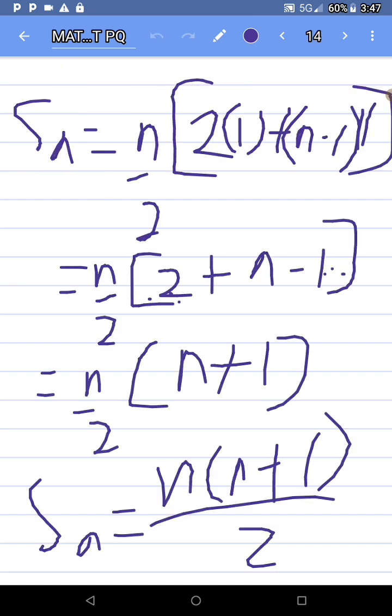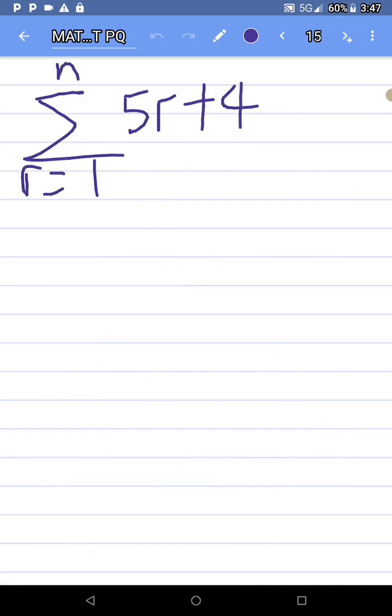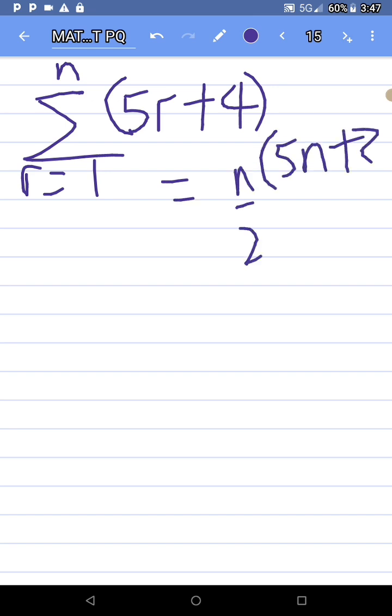We want to show that the summation from r equals 1 to n of 5r plus 4 equals n over 2 into 5n plus 3.